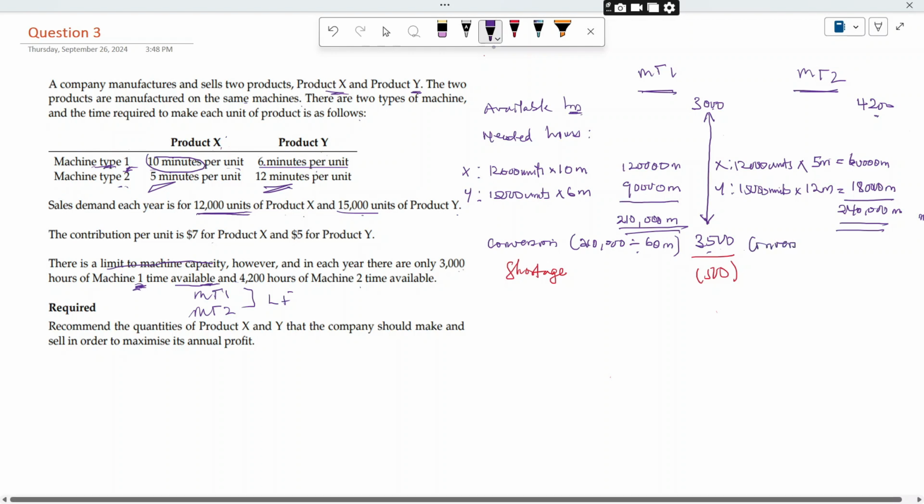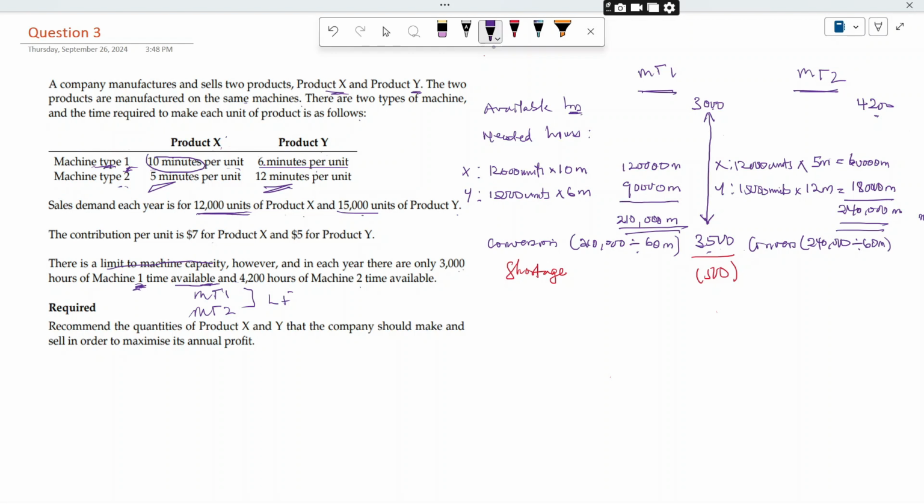Now, let's do the conversion. So the conversion here is going to be 240,000 divided by 60 minutes, and that is going to give us 4,000. Let me write 4,000 here. Forgive my arrangement.